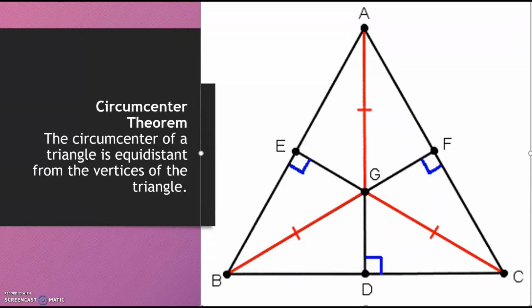And also, since these are perpendicular bisectors, this segment is congruent to this one, is congruent to this one, and this one is congruent to this one.